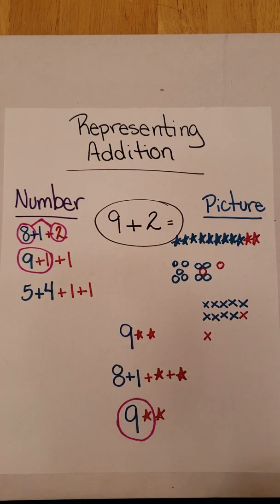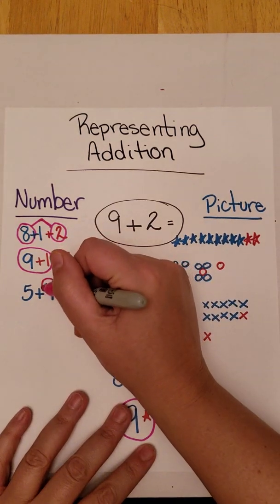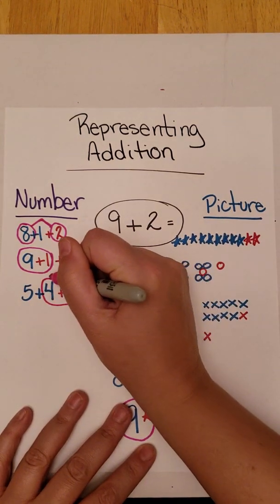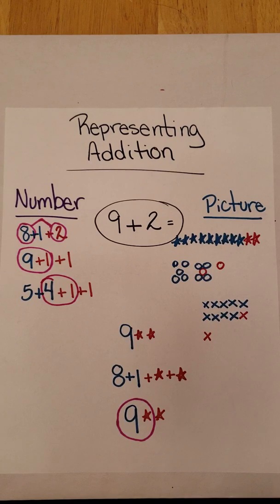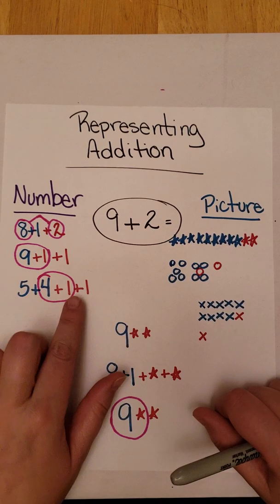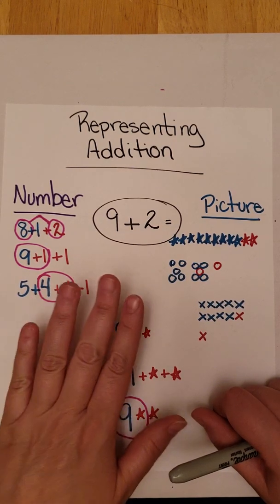Down here, I think I might like to do this. Can you think about why I might have put a circle there? What does that mean I'm thinking about? Well, if I put a 4 and a 1 together, that gives me 5.